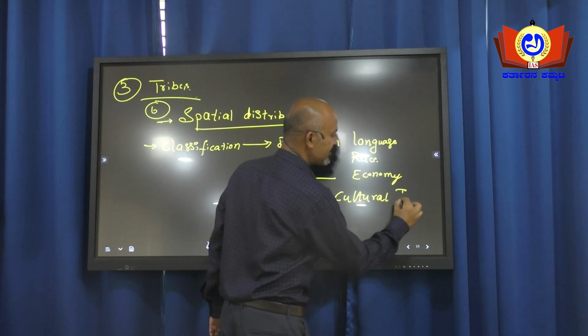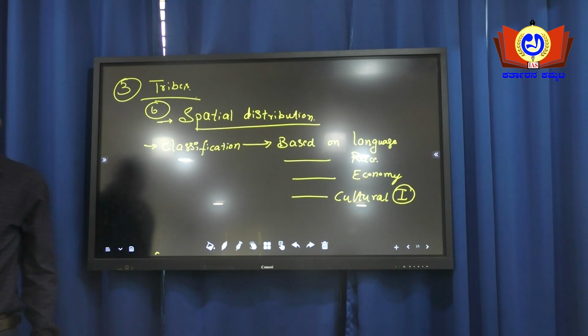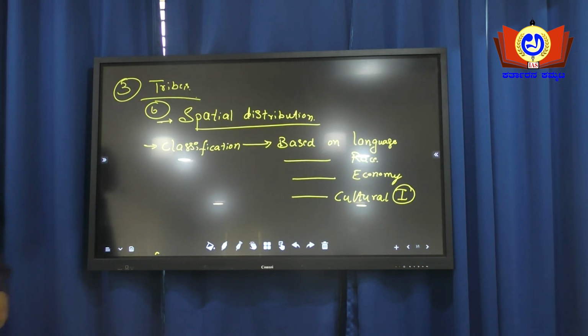Based on these, they have divided the tribal communities. What language they speak, whether they speak a Dravidian language or an Indo-Aryan language. Like that they have divided.